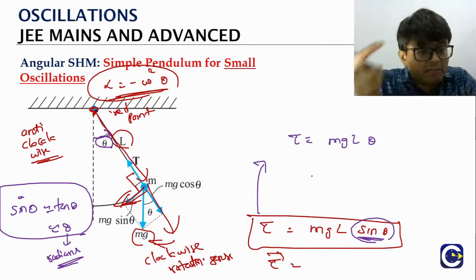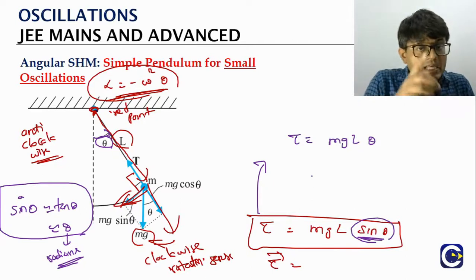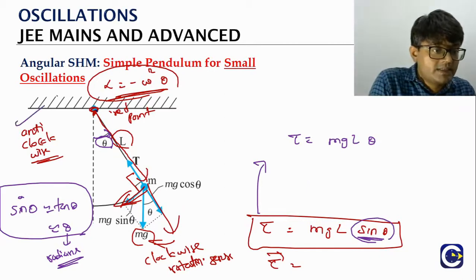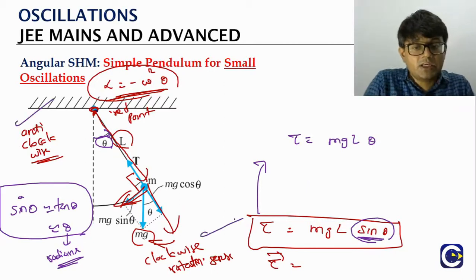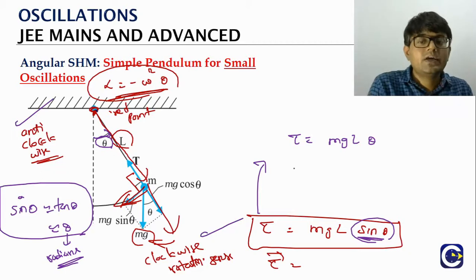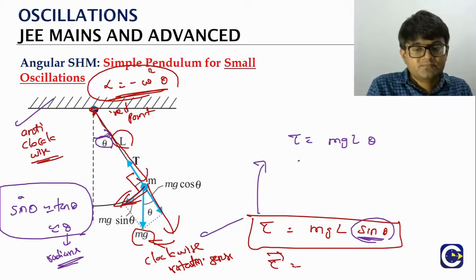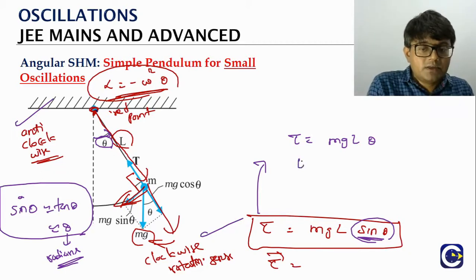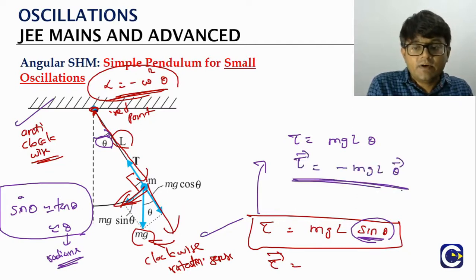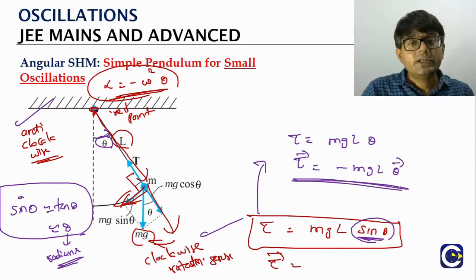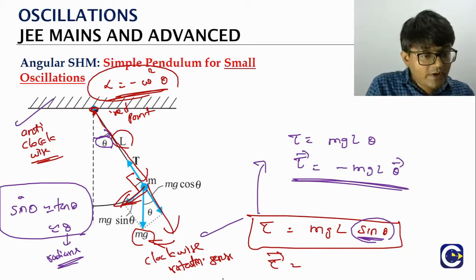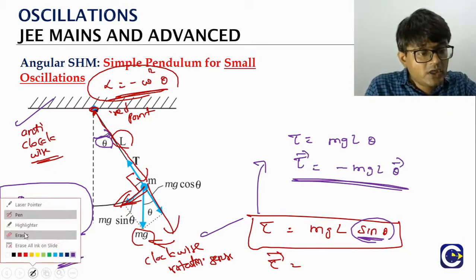Now we will talk about representing it as a vector, because our angular displacement given is anti-clockwise. The restoring torque is in the clockwise sense, which means if you have to express this as a vector, we should express it as minus mgl into theta. Why does the minus have to come there? Because the angular displacement is anti-clockwise and the restoring torque is clockwise.